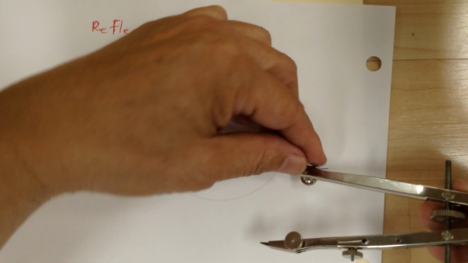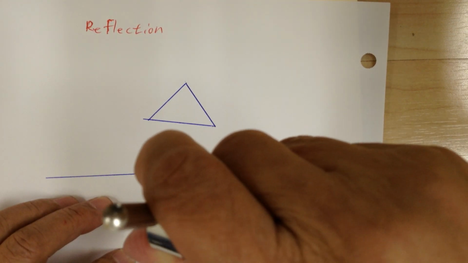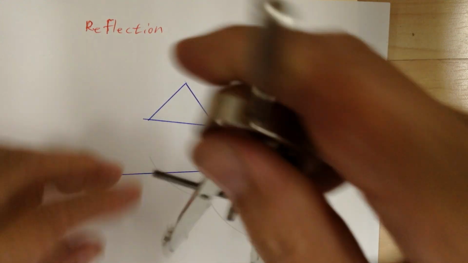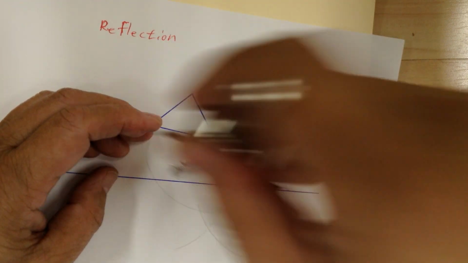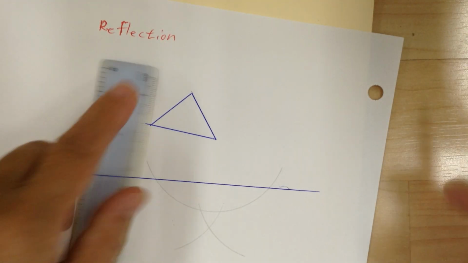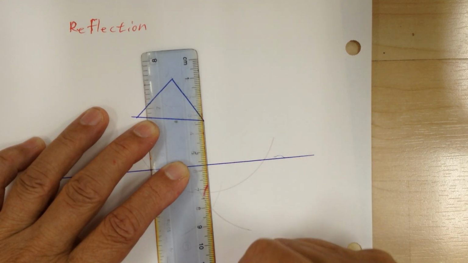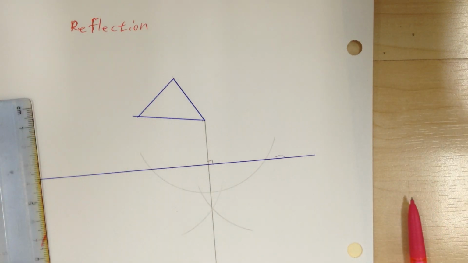And then from here, you draw that. So that's your perpendicular. Now we have to get this distance.